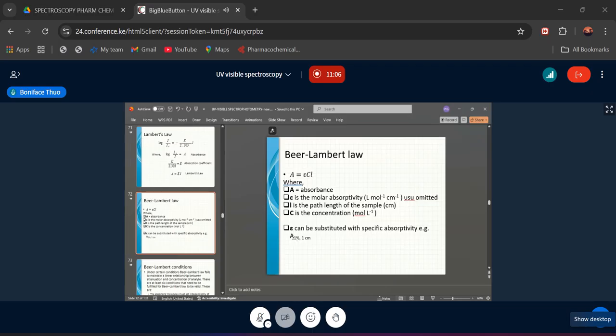So this specific absorptivity can be used in place of molar absorptivity. In that way, we are able to directly relate the mass of a substance to the absorbance rather than going through the molar conversions.